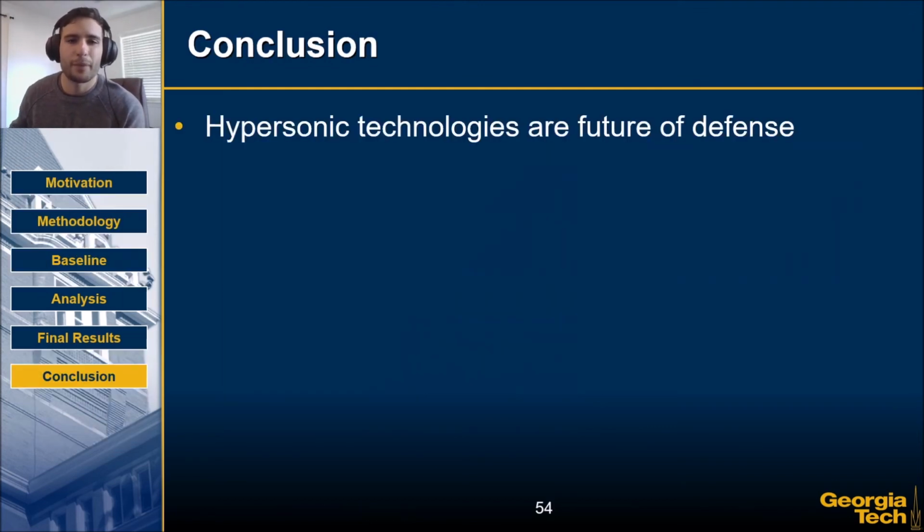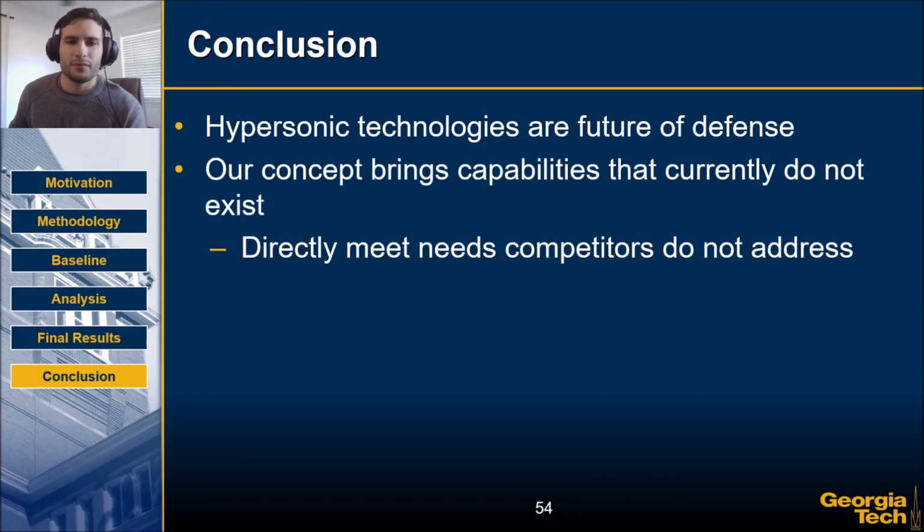So in conclusion, hypersonic technologies are the future of defense. Right now they're being worked on by almost every superpower in the world. The US is no exception. And our concept brings capabilities that currently do not exist anywhere else. Our concept can improve on the current capabilities of, for example, the U-2 or spy satellites or something like the SR-71.